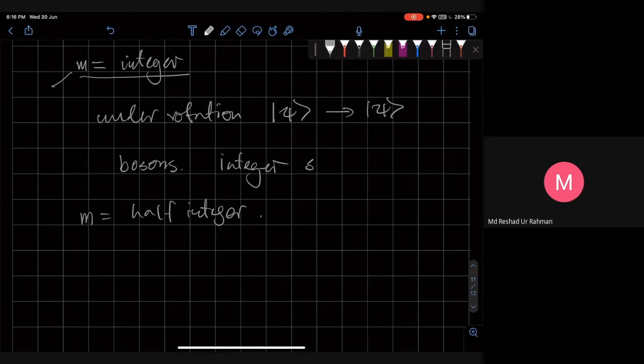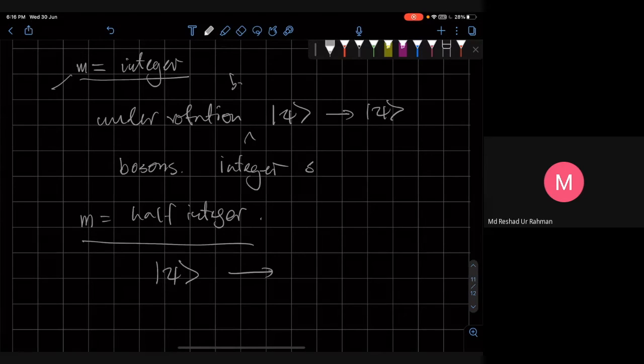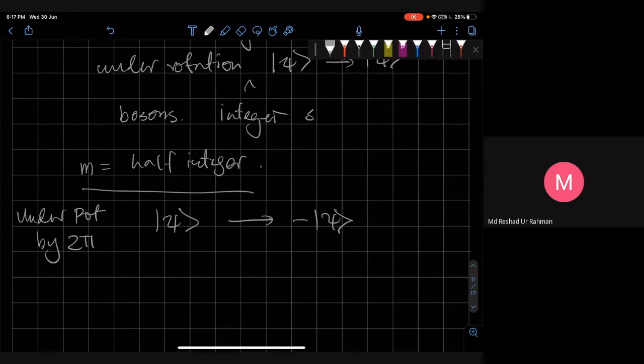So if m is a half integer, then under rotation by 2 pi, psi will go to minus psi. And such particles are called fermions. Okay, fermions have half integer spins.